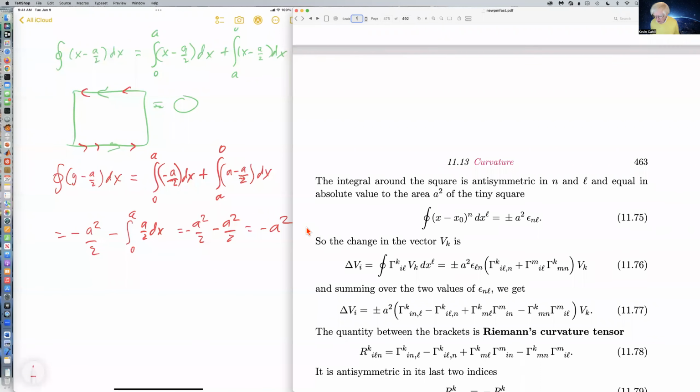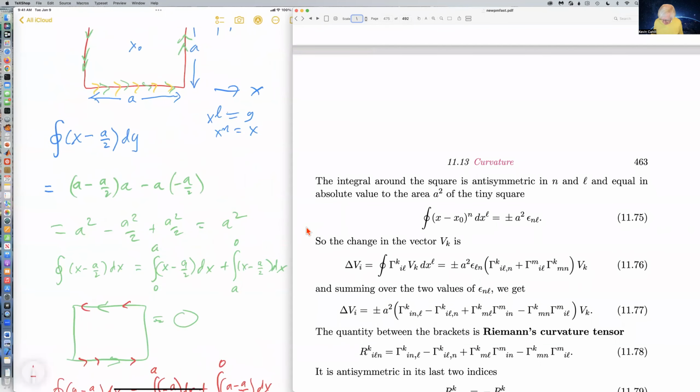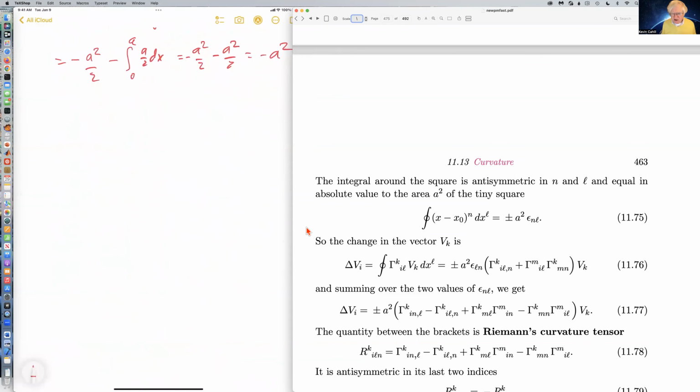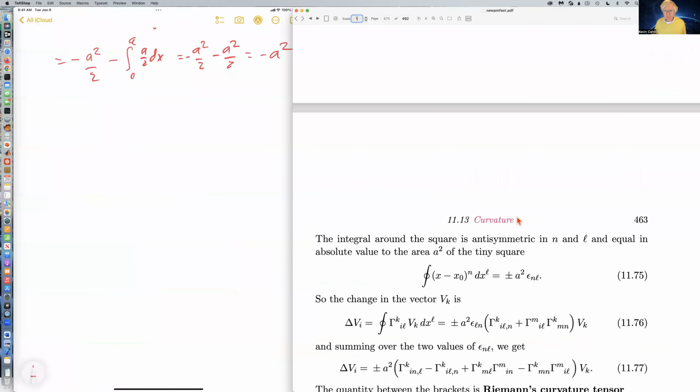So indeed, the integral of y minus y0 dx is minus the integral of x minus a over 2 dy. We got a squared for that one. We get minus a squared for this one. So I verified the anti-symmetry, and there's nothing going on that's more mysterious than that.